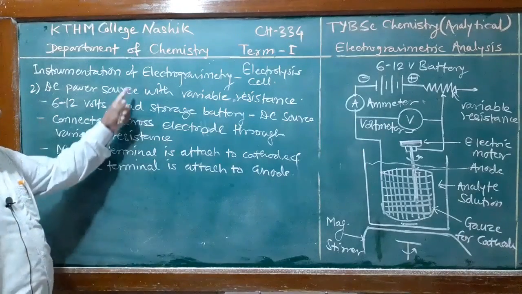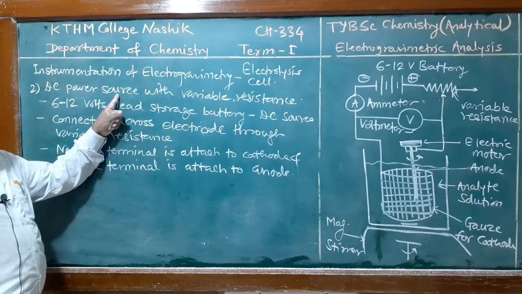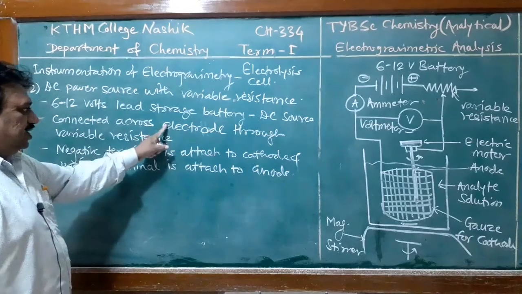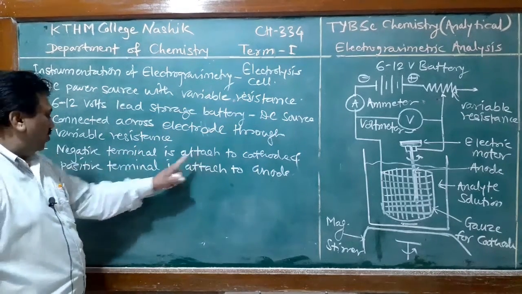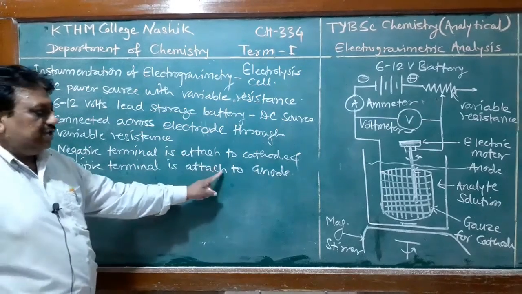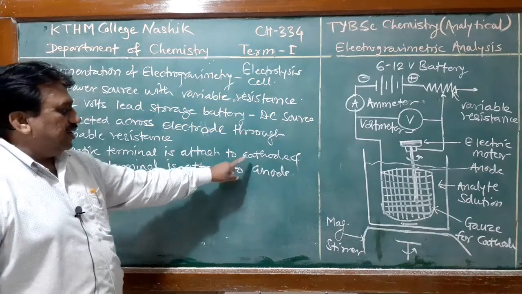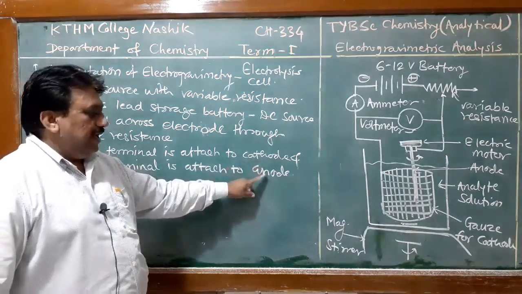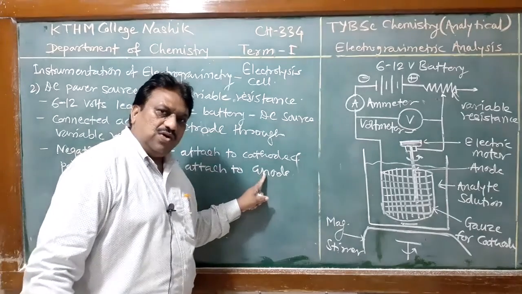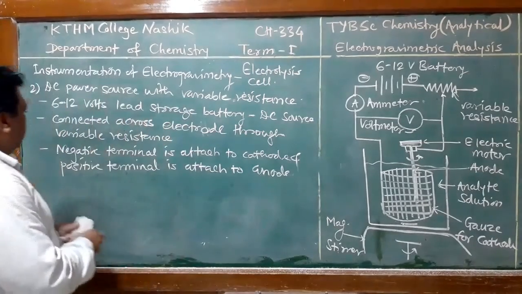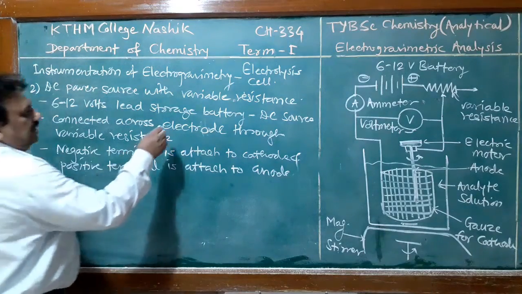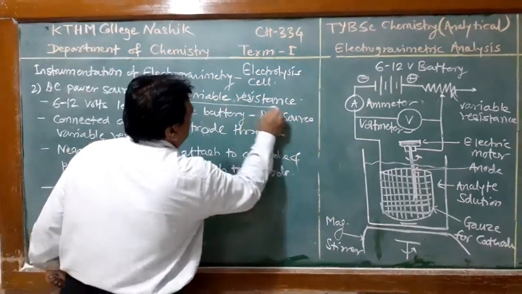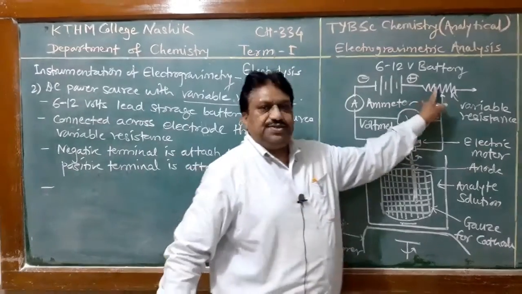Therefore, here the DC power supply is attached across the electrodes, the negative terminal is attached to the cathode and the positive terminal is attached to the anode. Therefore, reduction takes place on the cathode and oxidation takes place on the anode. Here this battery or this DC source is connected through variable resistance.